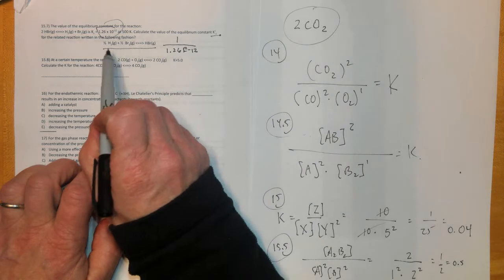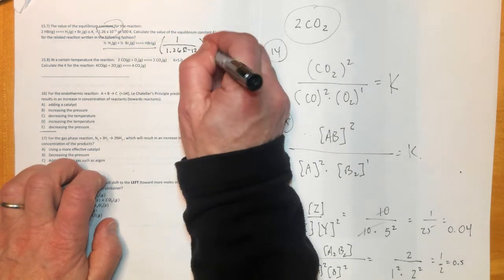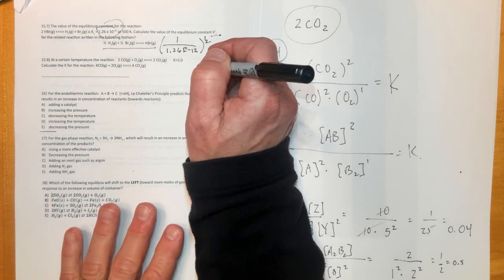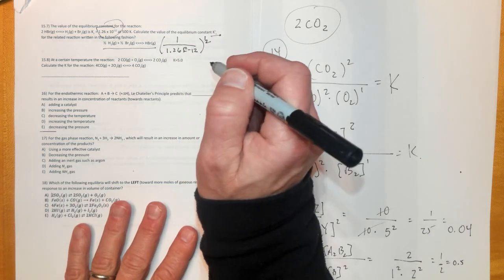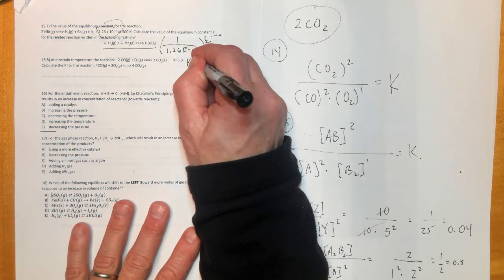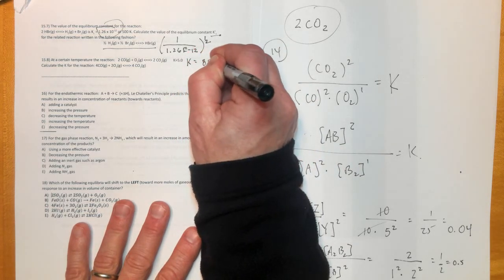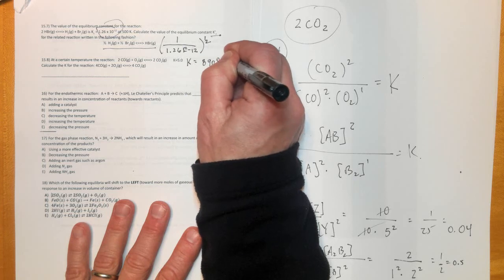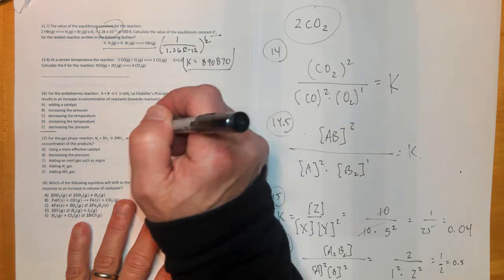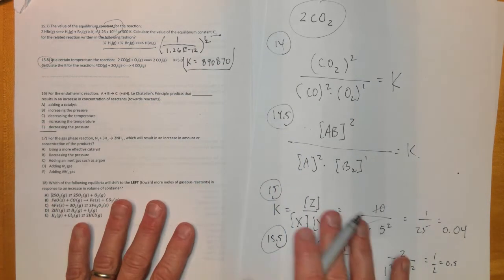And then, since it's multiplied by 1/2, you also need to raise this to the 1/2 power. And raising this to the 1/2 power, then I believe ends up being K equal to 890,870. Check my math on that, but I think that's pretty close.